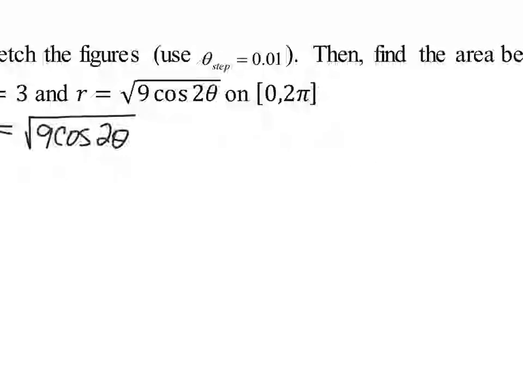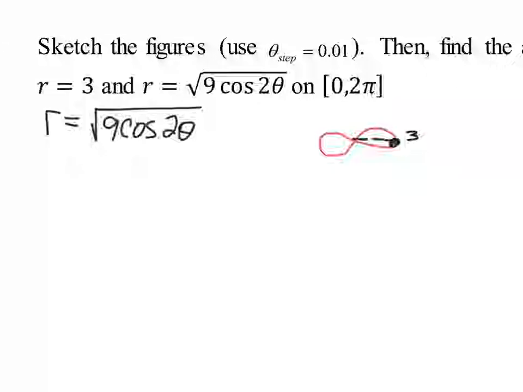So the graph is going like this, then going through the pole, then back. And so this is the key point, which is 3 units away. That's the missing unit.